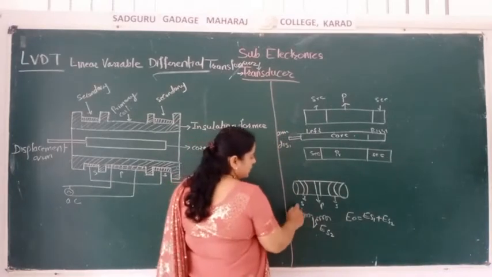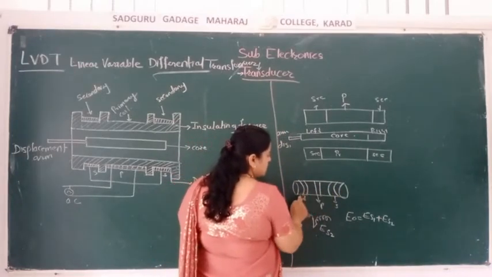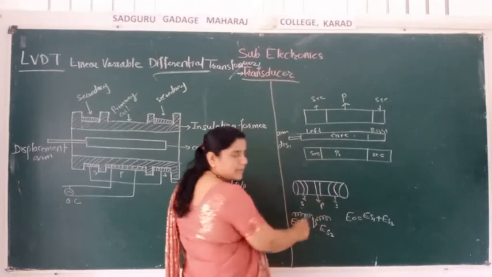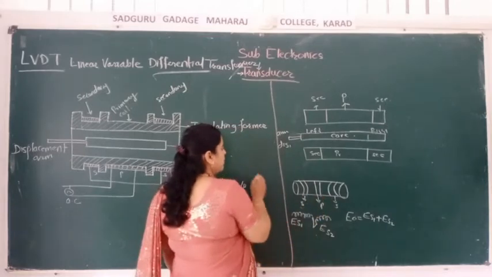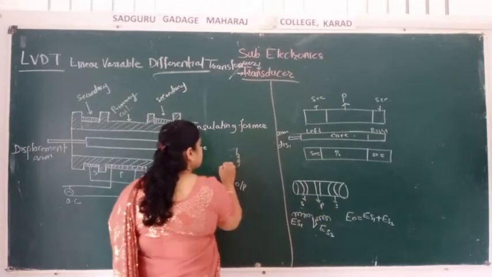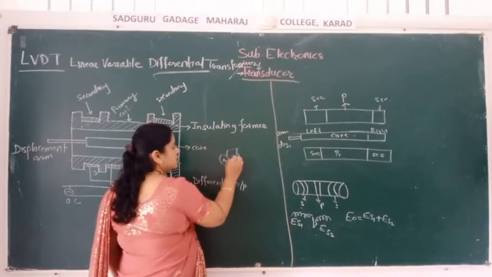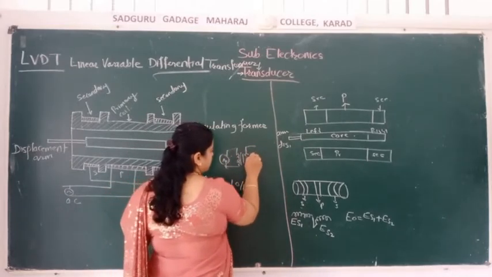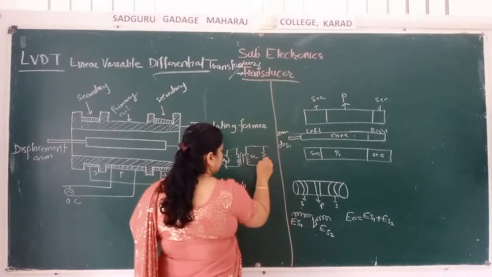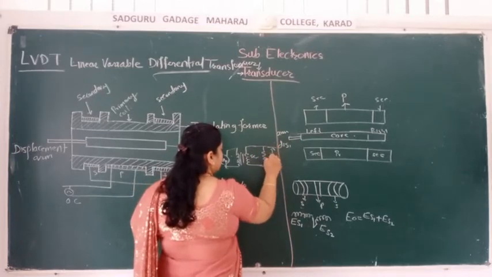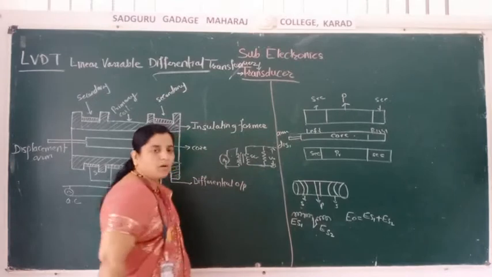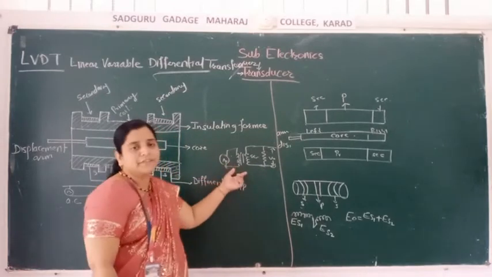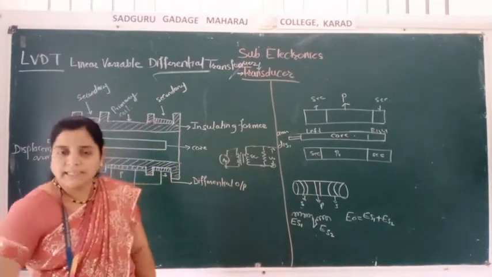Okay, so what happened here? There are two secondaries and one primary. If the primary is connected with an AC signal, then at the secondary it induces a voltage, and at the secondary terminal we get the output here. We have seen all this concept in the rectifier circuit, power supply chapter.